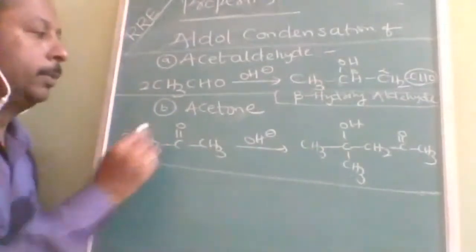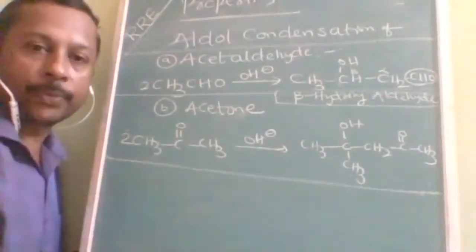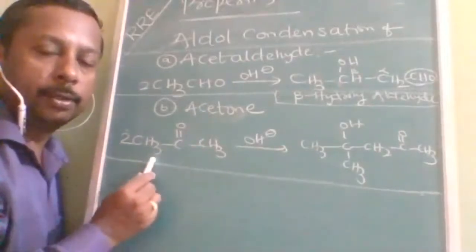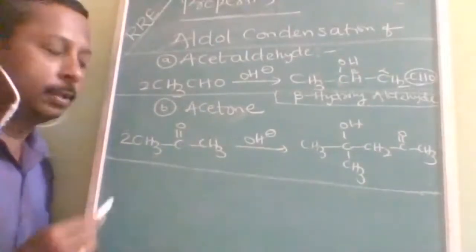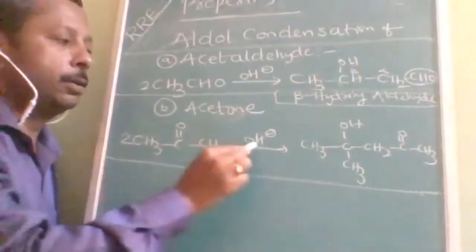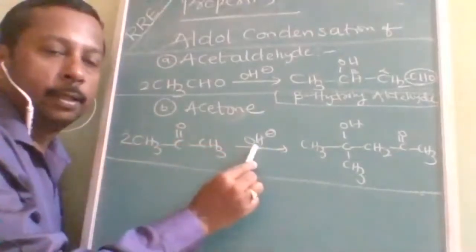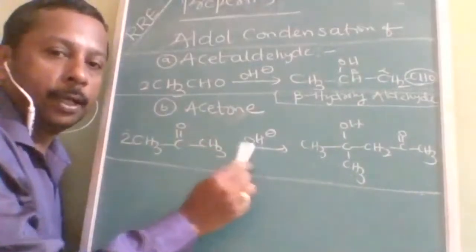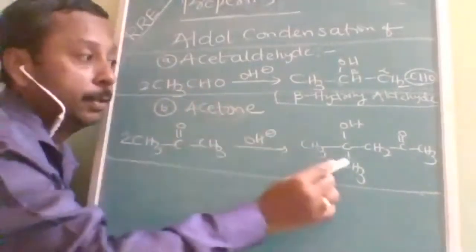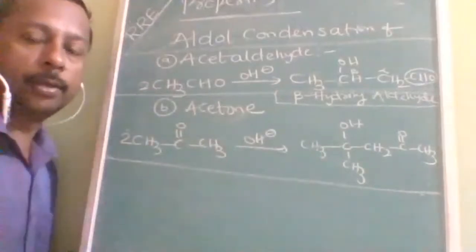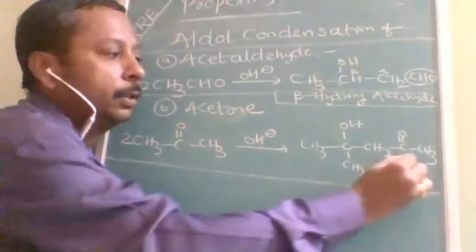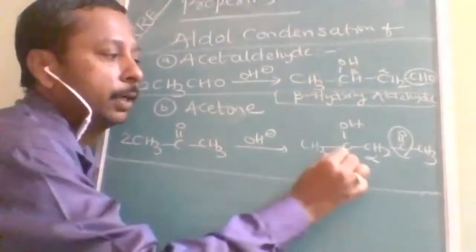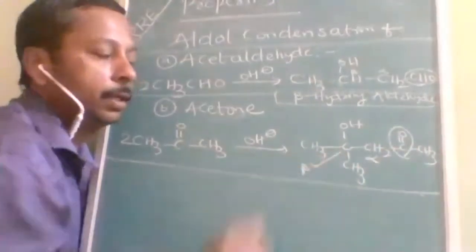Coming to another example, of ketone. The first ketone is propanone or acetone. When 2 moles of ketone combine with each other and undergo aldol condensation in presence of dilute alkali, this is the product we get. Here also again it is beta hydroxy. See here, this is the functional carbon atom, this is the alpha carbon and this is the beta carbon.